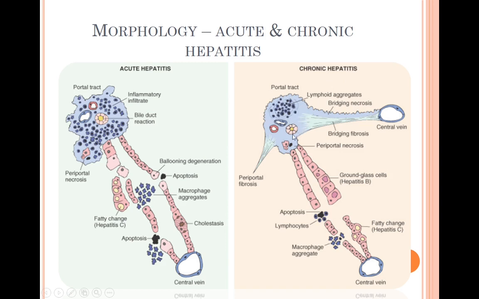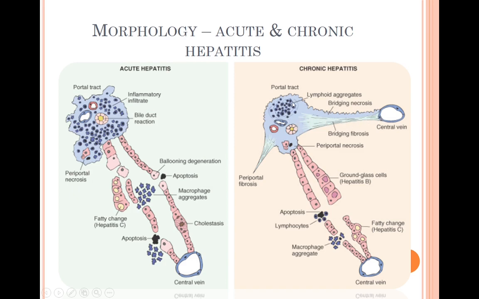And very important is that when this inflammation spills over, the last healing process of any inflammation is always fibrosis, right? So here you can see that the inflammation, supposing it has spilled over and reached the central vein, this is the inflammation-induced fibrosis.